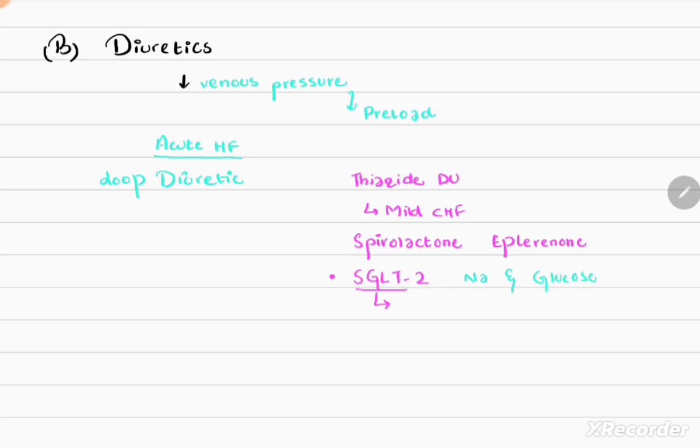By inhibiting it, the body gets rid of more water, as both of these are not reabsorbed into the nephron, and this is how it offloads the body of excessive fluid and salt, and thus has a beneficial effect in the setting of heart failure.